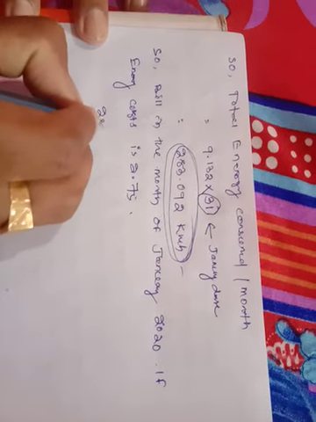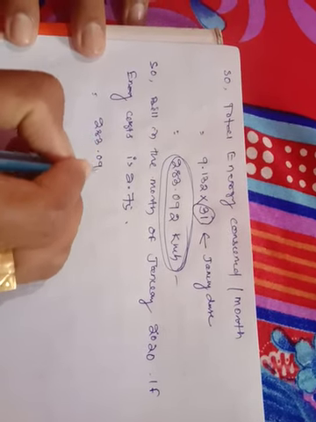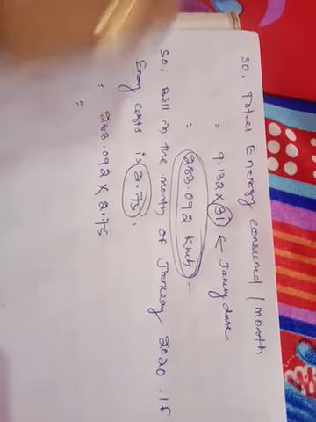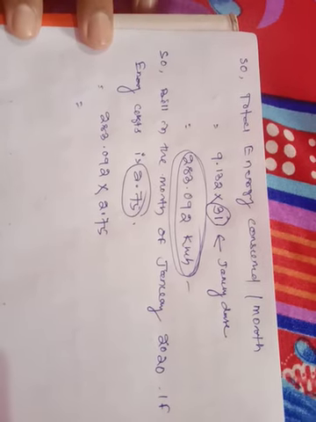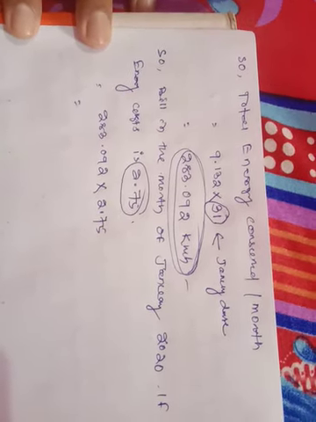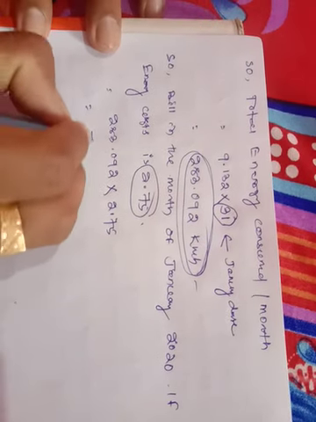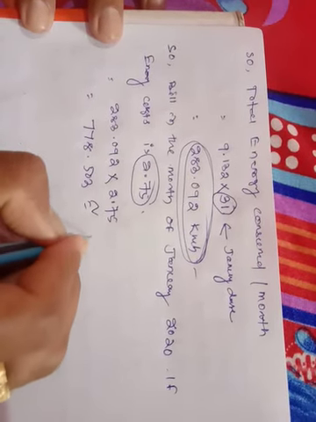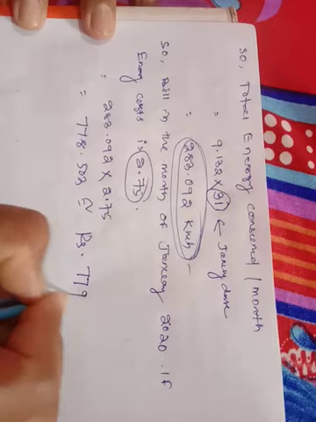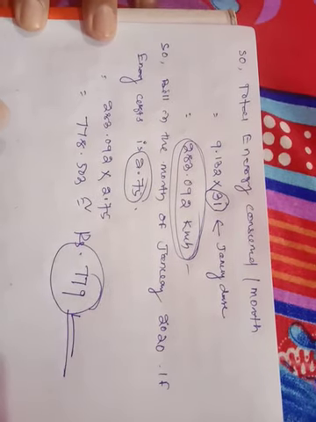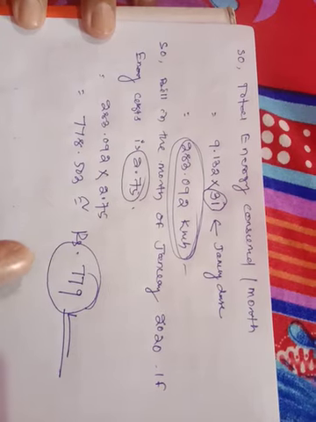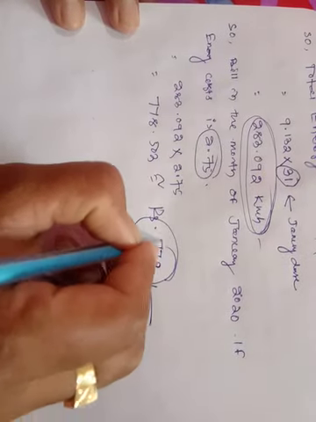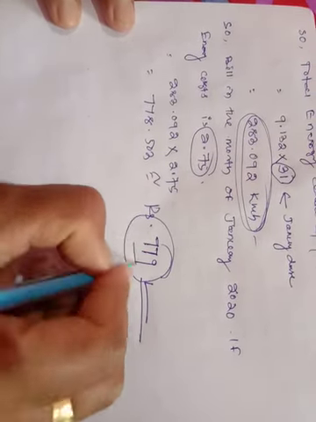So 283.092 into 2.75 per unit. The final calculation is 778.503, equivalent to Rs 779. So our final answer is 779. The electricity bill in the month of January 2020 is Rs 779. Thank you.